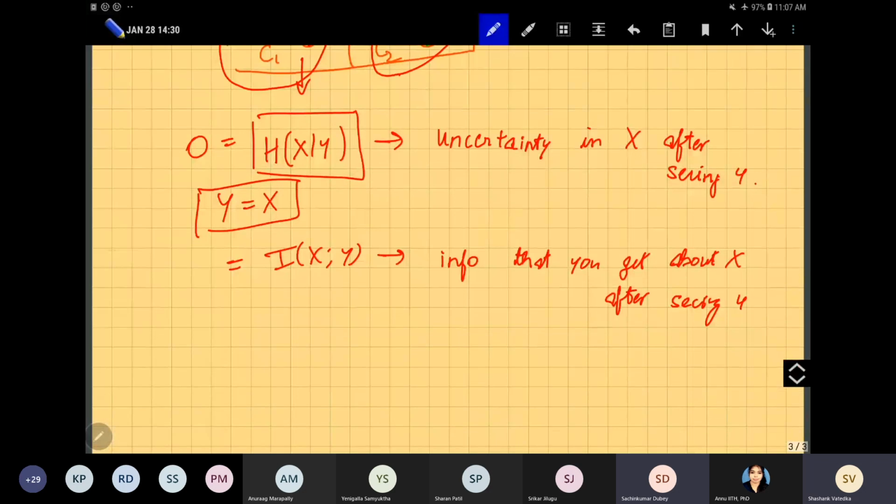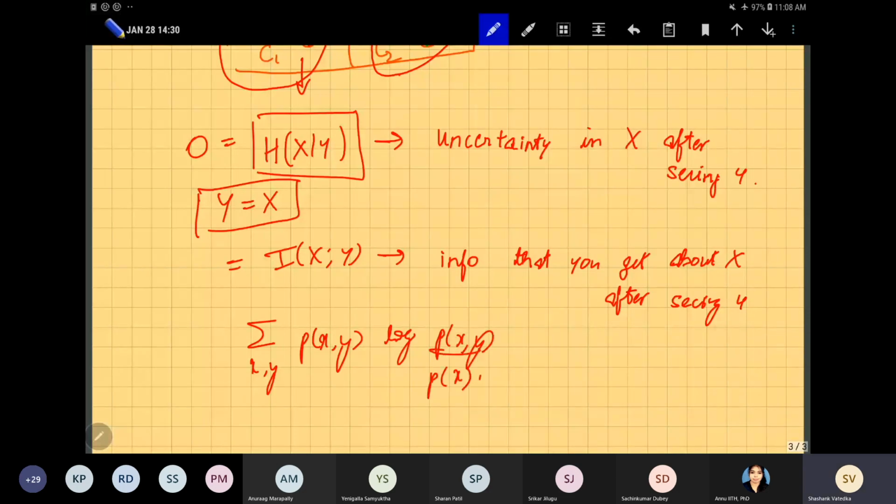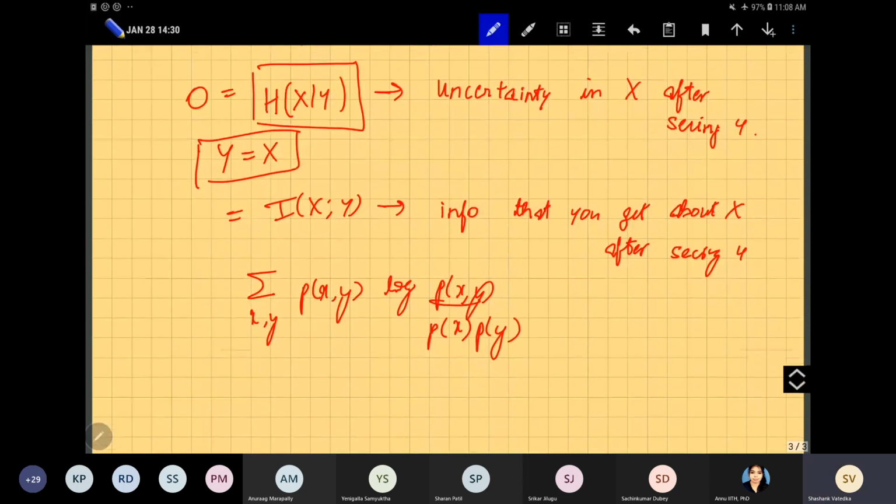So just evaluate I of xy using the exact formula: the sum of P of xy log P of xy divided by P of x P of y, right? So x is equal to y.